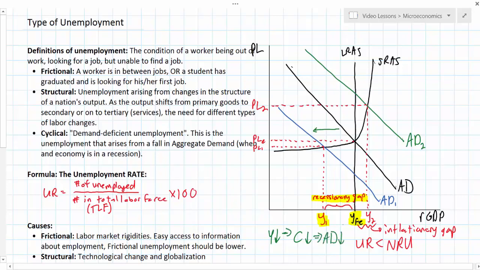So the deflationary spiral we're talking about could be illustrated by a further decrease in aggregate demand to AD2 and an even further increase in the unemployment rate. This is what causes what we call depressions or deep recessions. Incomes are falling due to rising unemployment, causing aggregate demand to fall even further. The economy becomes increasingly worse off.